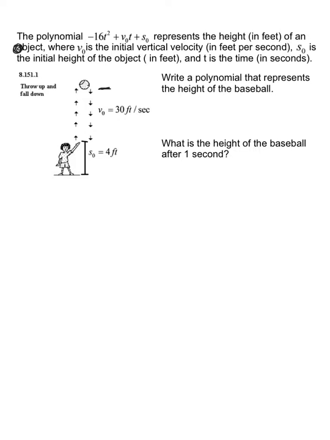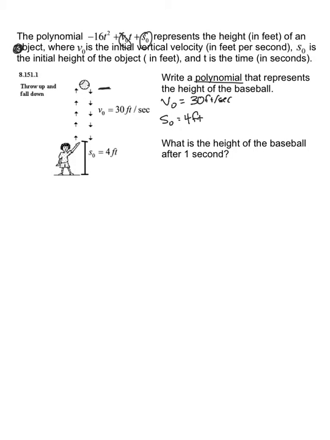So we're looking at this one. They want to come up with a polynomial. So v subscript 0 needs to be a number and s subscript 0 needs to be a number. So v subscript 0 is 30 feet per second. It's how fast the ball is traveling. S subscript 0 is 4 feet. That is the height at which she lets go of the ball.